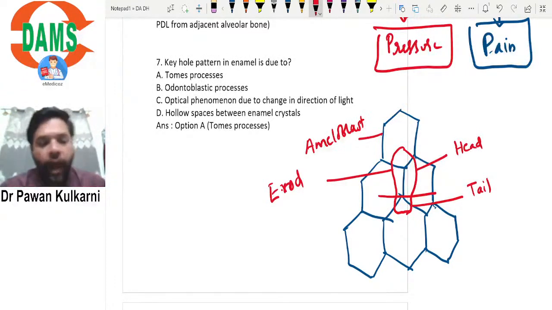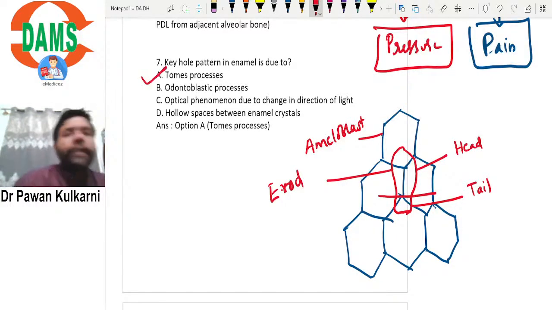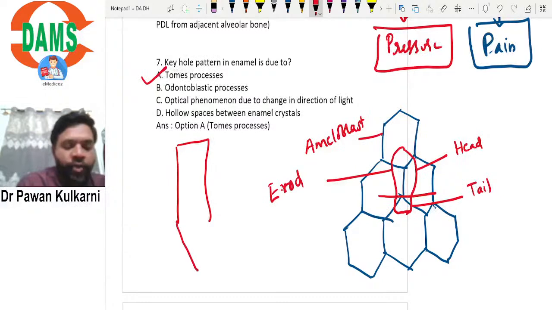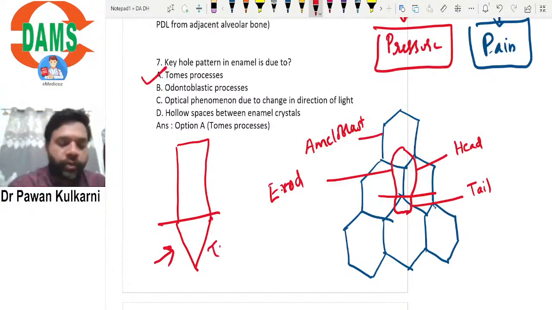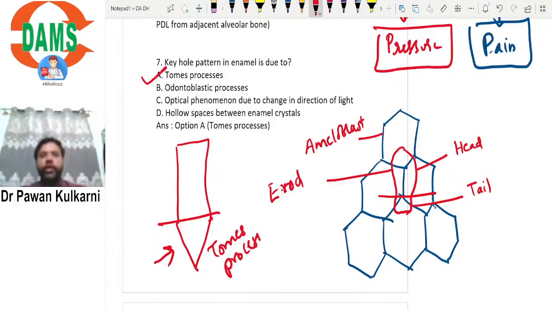Okay, so here the question is, in the question, the correct answer is Stone's process. Why? Because Stone's process is nothing but an extension of the ameloblast. So if this is an ameloblast, that ameloblast will give rise to one extension, and this extension is called the Stone's process. Usually students tend to get confused. What is Stone's process?